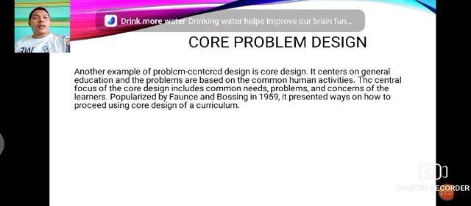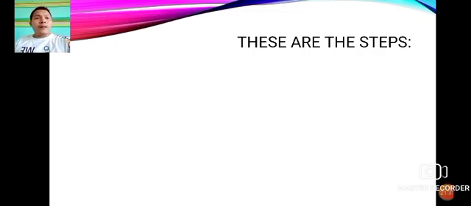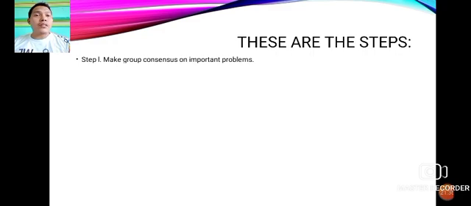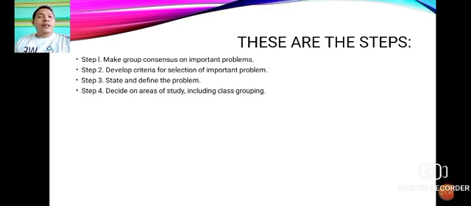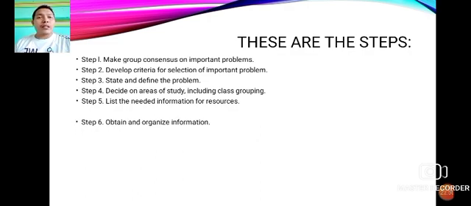Step one: make a group consensus on an important problem. Two: develop the criteria for selecting an important problem. Step three: state and define the problem. Step four: decide on the areas of study, including class grouping. Five is list the needed information and resources.